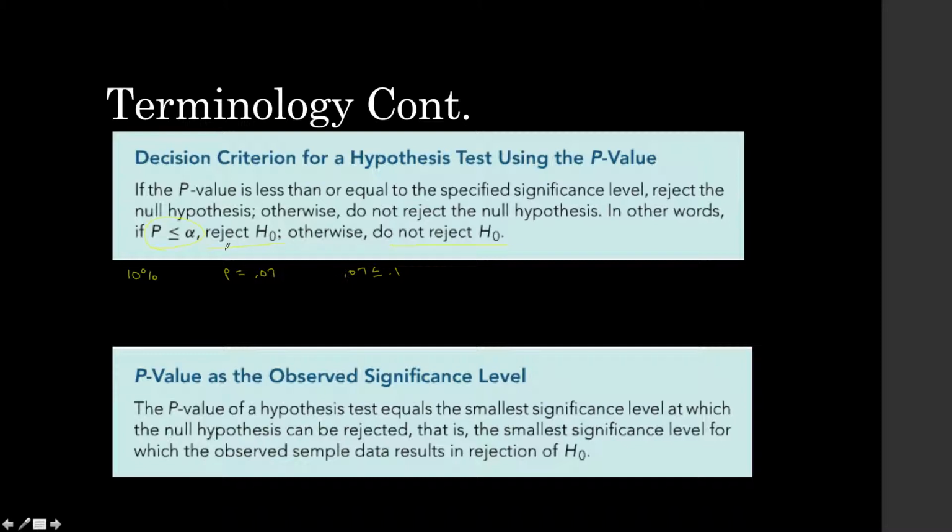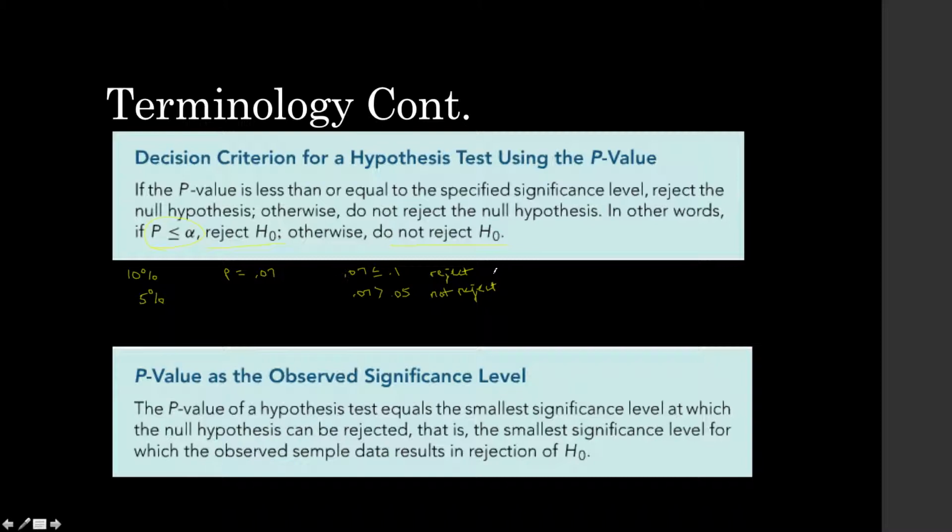Now if that significance level was 5%, the p-value would be greater than the significance level, so we would not reject. So this is a reject, not reject. Okay, so that's kind of the difference between them.